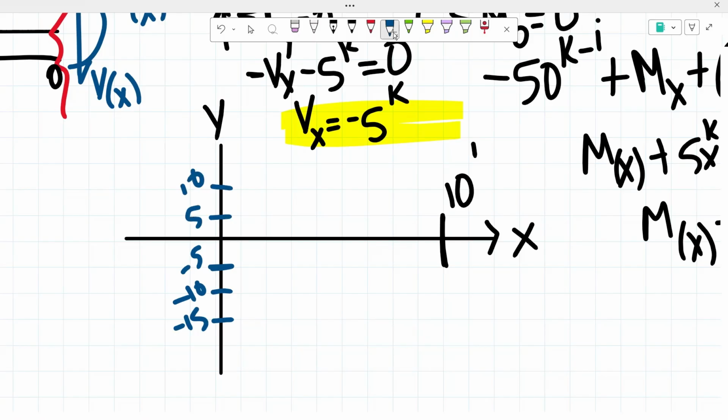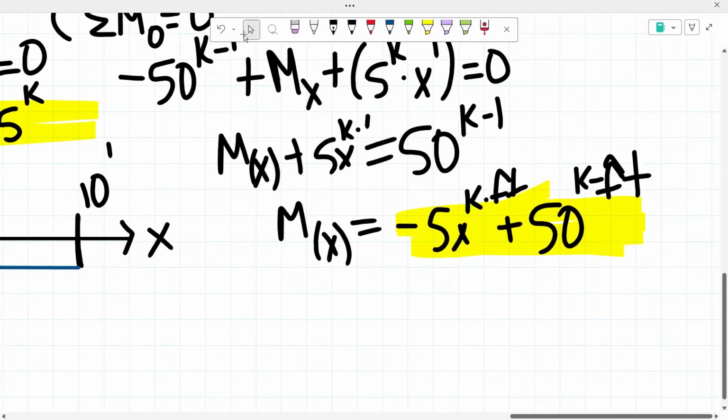We know that that shear is negative 5 kips. So that is our shear diagram. It's straight. It's constant. There's no variables in that shear, so it will always equal negative 5 kips. Throughout that whole beam, there's a constant shear force of negative 5 kips.